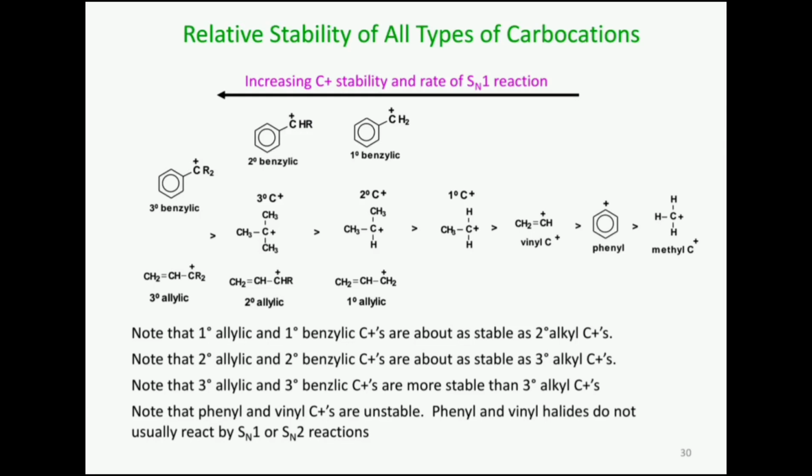And remember that vinyl carbocation and phenyl carbocation are very slow to react in SN1 or SN2 reactions. Why? Because they are not stable at all. Here you can see this positive charge, and there is a double bond also. So it is already electron deficient, and the carbon becomes even more deficient, and hence it is most unstable.